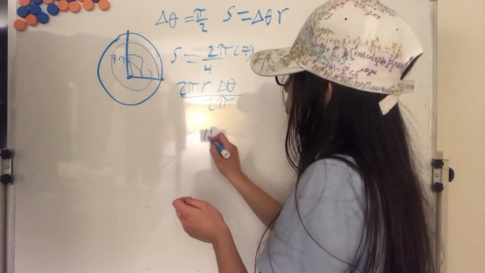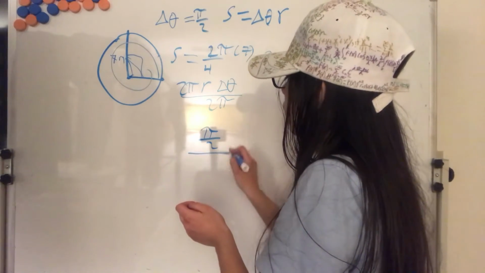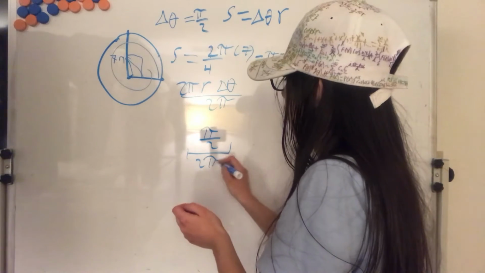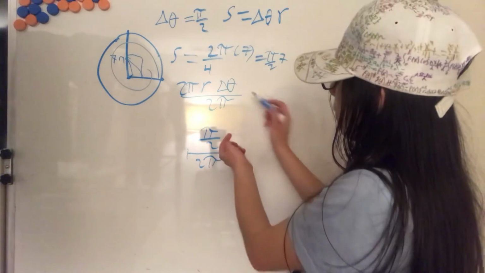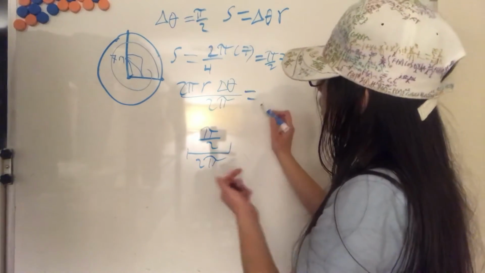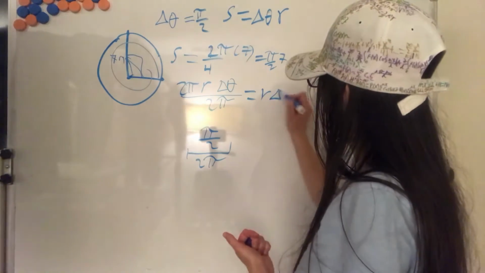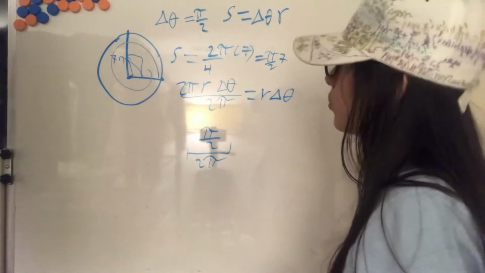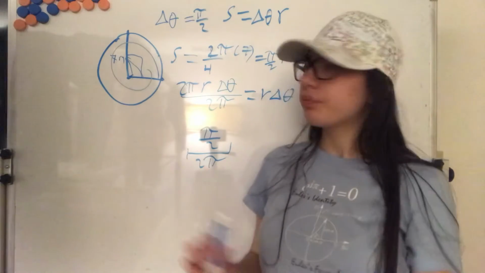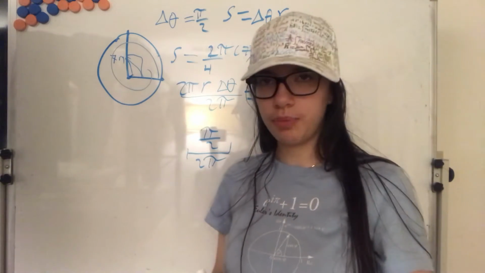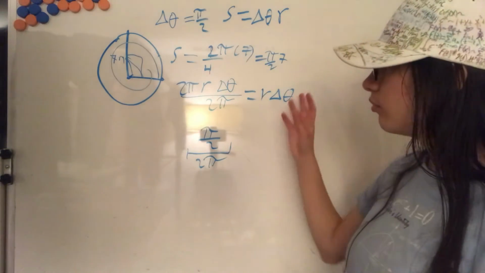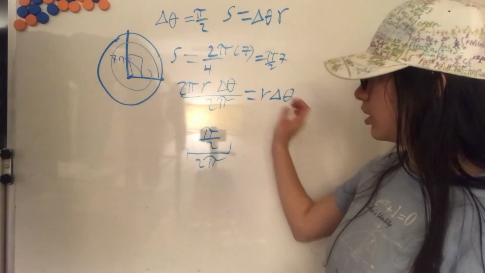So I want to know pi over 2 is which fraction of 2 pi. So this leaves me with r times delta theta. So that's why always the regular displacement would be the angular displacement times the radius.